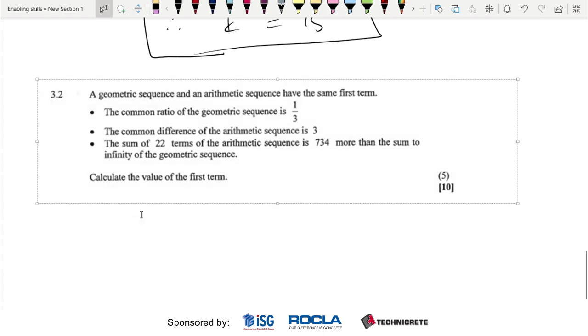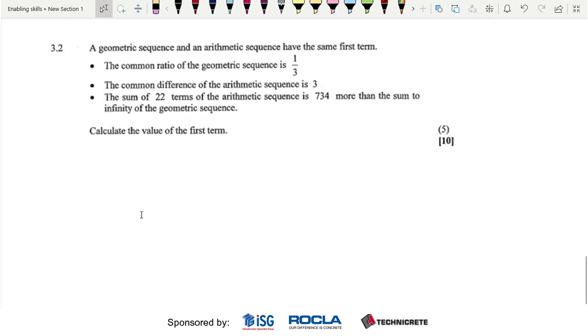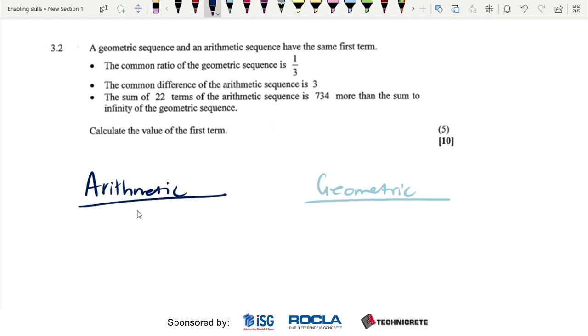In question 3.2, we're told that a geometric sequence and an arithmetic sequence have the same first term. So, we can have the arithmetic sequence on one side and we can have our geometric sequence on the other side, and write down all the information that we have for both of these sequences.